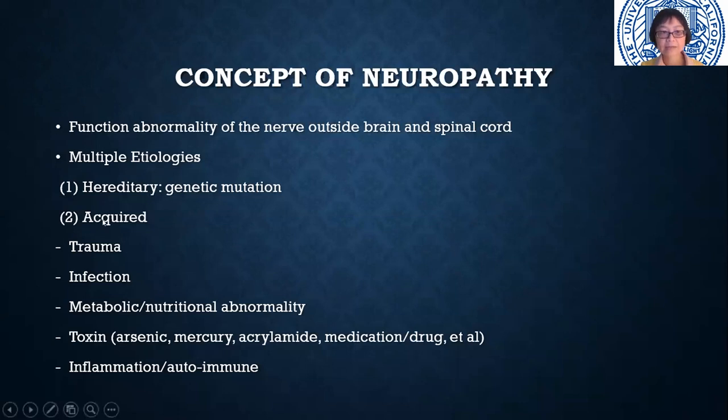And the other category is called acquired neuropathy. That means it's not from genetic mutation. There are multiple causes, including trauma, infection, metabolic or nutritional abnormality. Some toxins, including certain medications, can cause nerve damage. An inflammation or immune-mediated process could also cause neuropathy.